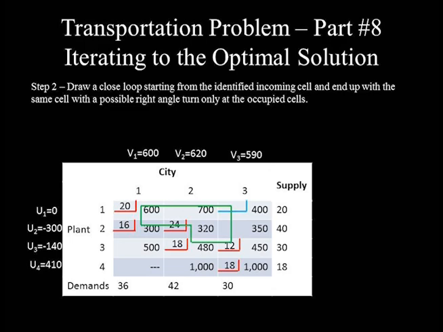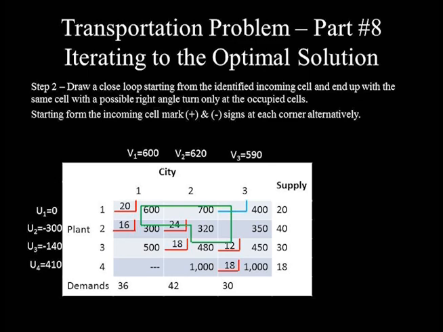After making this closed loop, the next rule is that starting from the incoming cell, mark plus and minus signs at each corner alternately, meaning make a positive sign at the incoming cell, a negative sign at the cell in the next right angle cell, a positive sign at the next turning point, and then negative, then positive, and finally negative sign.